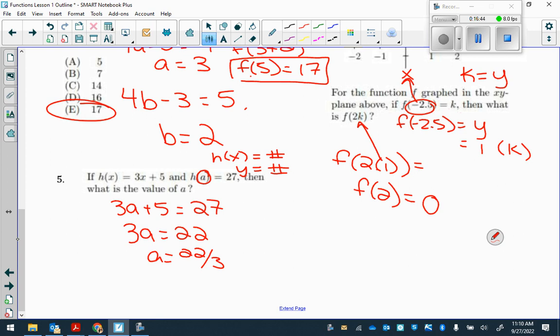Again, the way questions are asked definitely can be confusing. Multiple steps, multiple steps. And we will be incorporating a little bit of these as we go along.